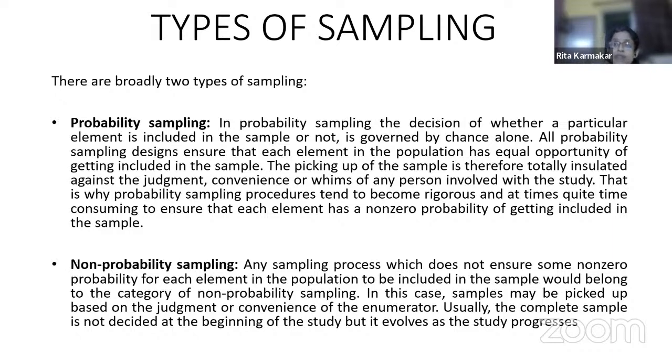Probability sampling is something we are taught in class as being free from bias, free from convenience and researcher's whims.